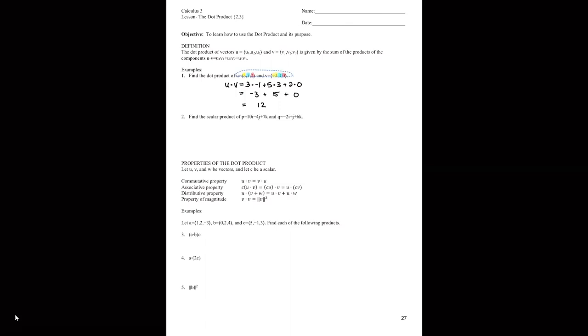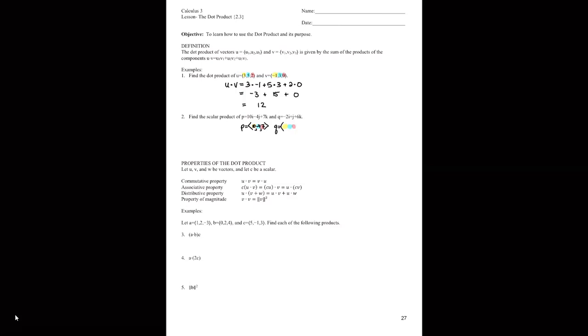Same idea if it's in ijk form. I can rewrite ijk in component form. I tried to get cute with the highlighter here and it ends up looking kind of messy, but it's all right.